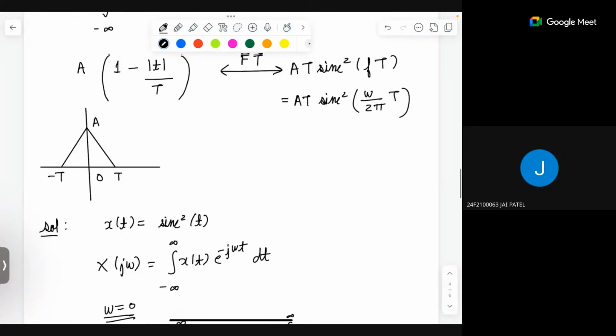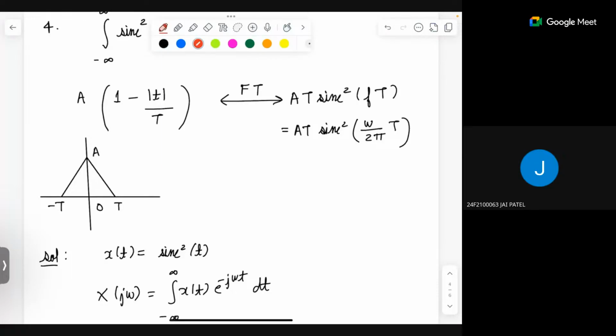And if you see this triangular signal, is it an even function? Yes, a triangular function is an even function. So if it is an even function, then triangular of t will be equal to triangular of minus t.